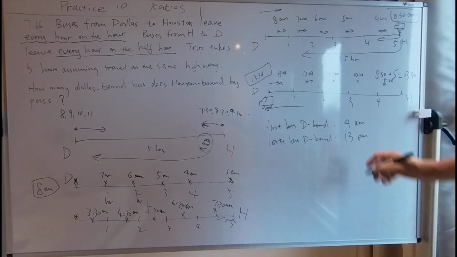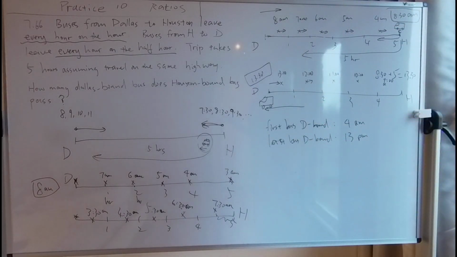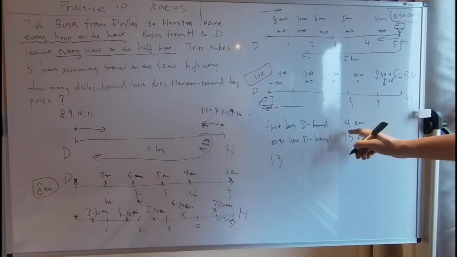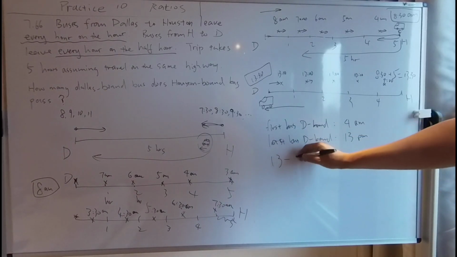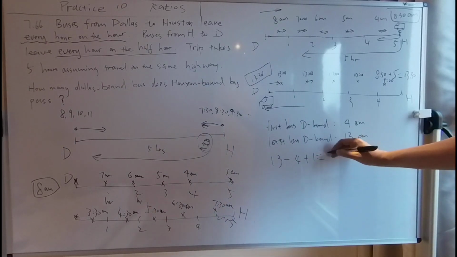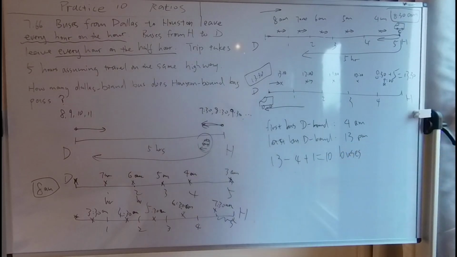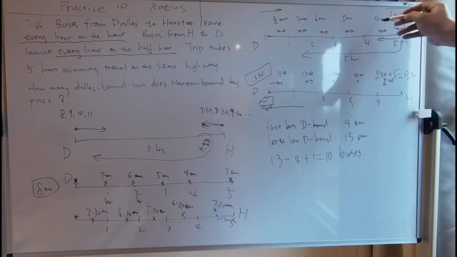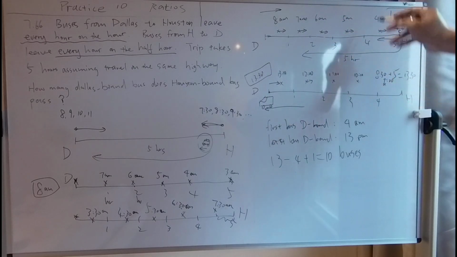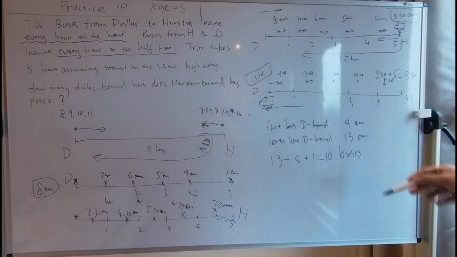So then the Dallas bound bus departs every hour. Between 4 o'clock and 13 o'clock, how many buses are there? Right, 10 buses. You can even just count them one by one, right? It just happens to be all on my plots.